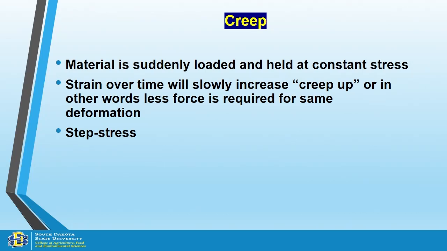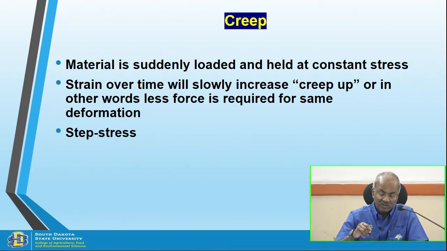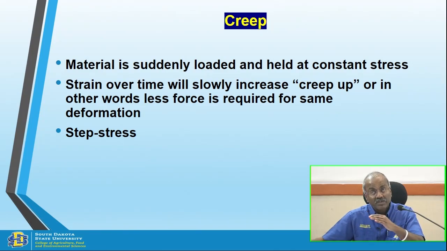We don't know how the actual food material is connected, but there are two simple cases we can consider where the material is suddenly loaded and held at a constant stress, and then you monitor the strain over time. So it is creep, or in other words, less force is required for the same deformation. So it's a step stress, and that's why it's called creep. It's creeping up.